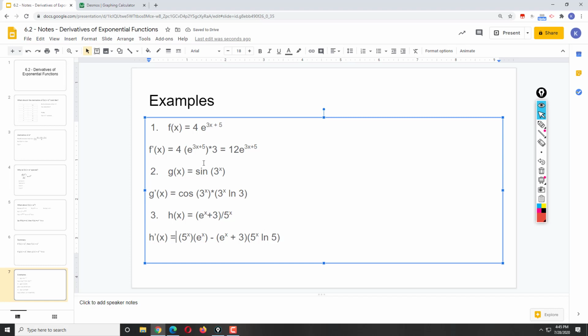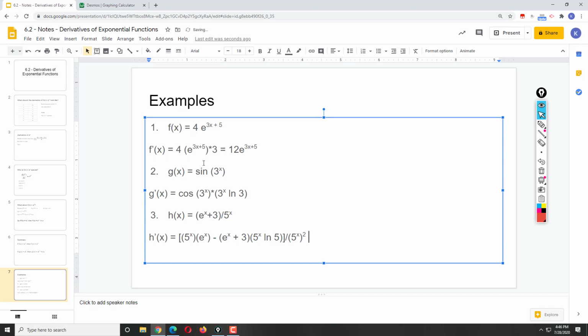All of this over the square of what's below. So all of this over 5 to the x, squared. But applying our rules of exponents, 5 to the x squared is just 5 to the 2x.